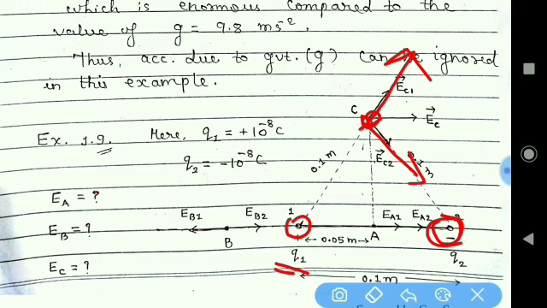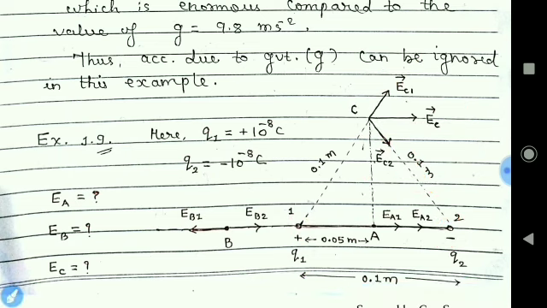So these are the two electric fields. The electric field at point C due to 1 is EC1, and this is the electric field at point C due to 2, so it is EC2. And then finally the resultant electric field at point C will be in this direction.